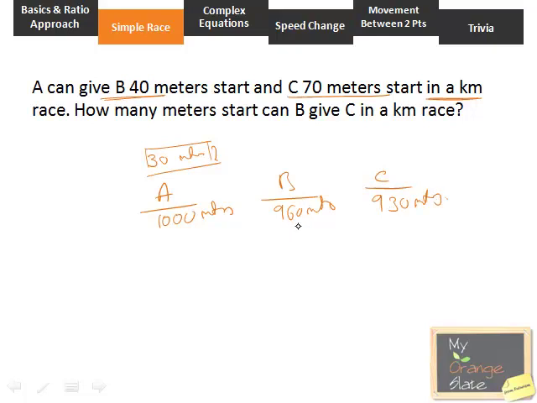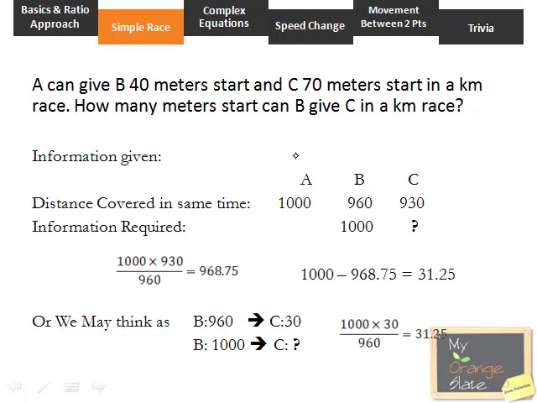So we can say that B can give C 30 meters start in a 960 meter race, not in a kilometer race. Thus when B runs 960 meters, C runs 930 meters. So when B runs 1000 meters, how many meters does C run?